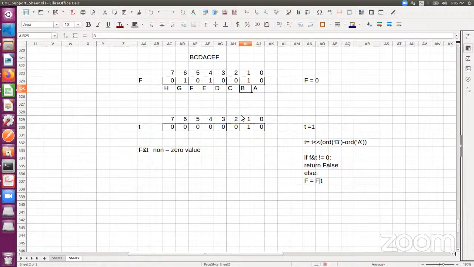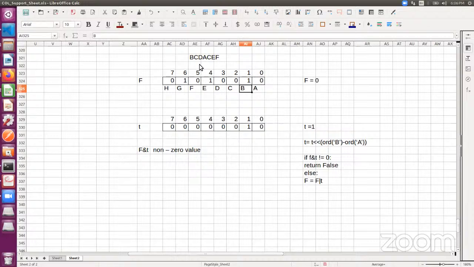So here, can you comment about the complexity? What is the time complexity for this algorithm? It is order of n, right?